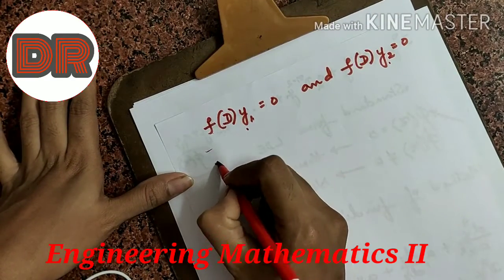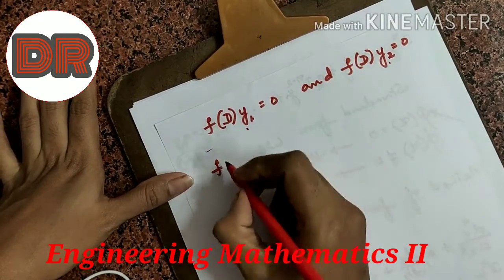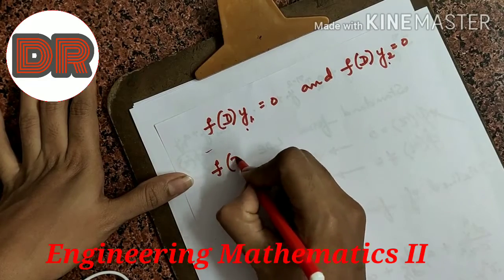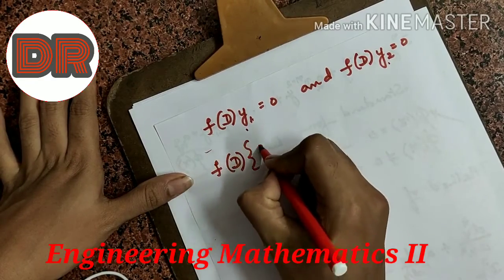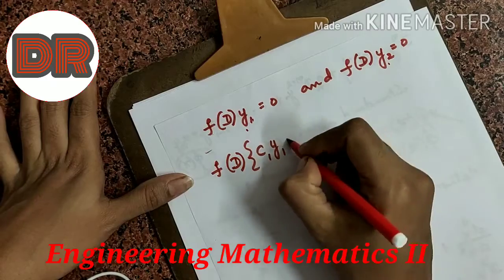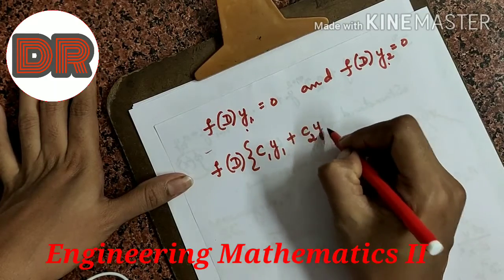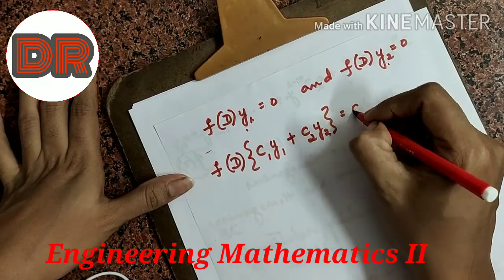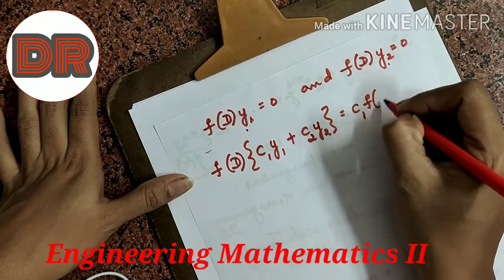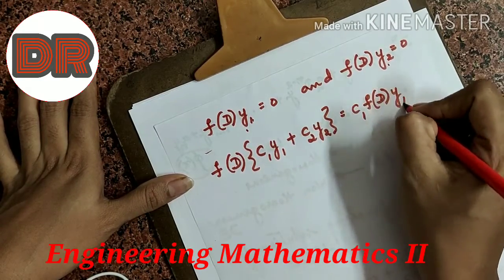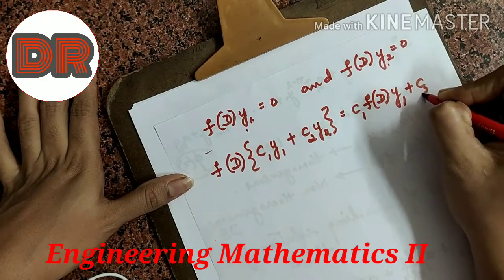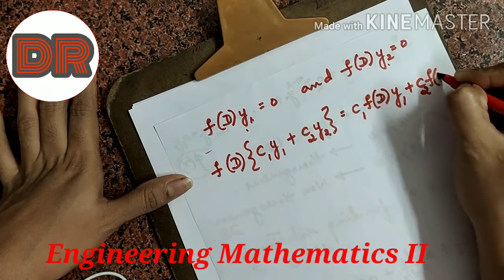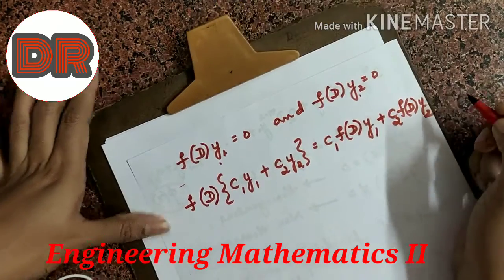So if I take f of d (c1 y1 plus c2 y2), then the same thing can be written as c1 f of d y1 plus c2 f of d y2.